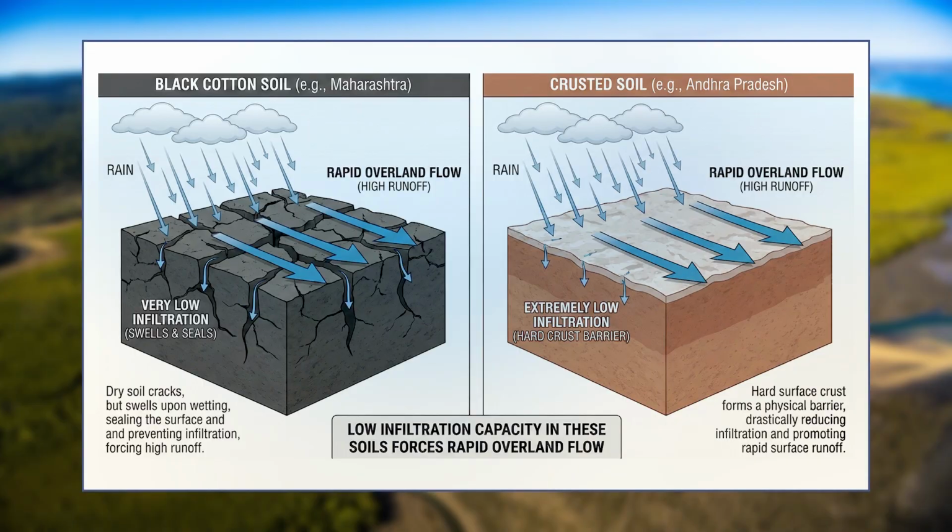Runoff also depends on soil types. In case of black cotton soils of Maharashtra and crusted soils like in Andhra Pradesh, runoff will be high. Low infiltration capacity in these soils forces rapid overland flow.